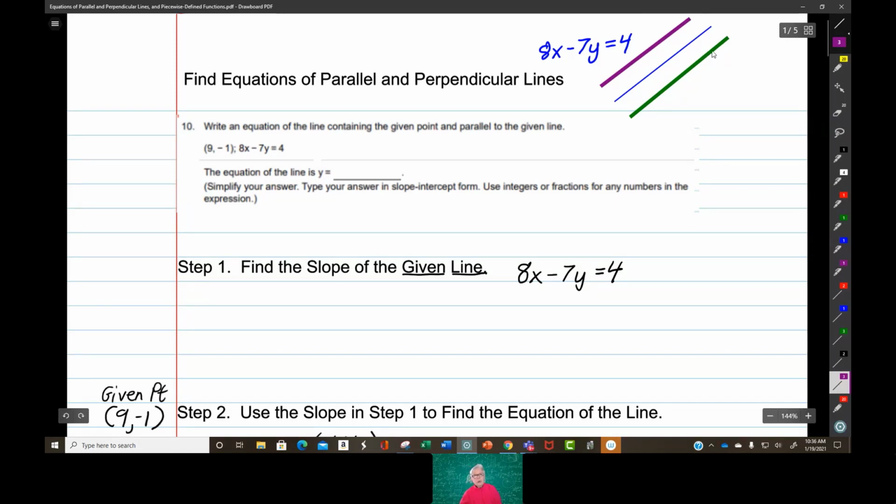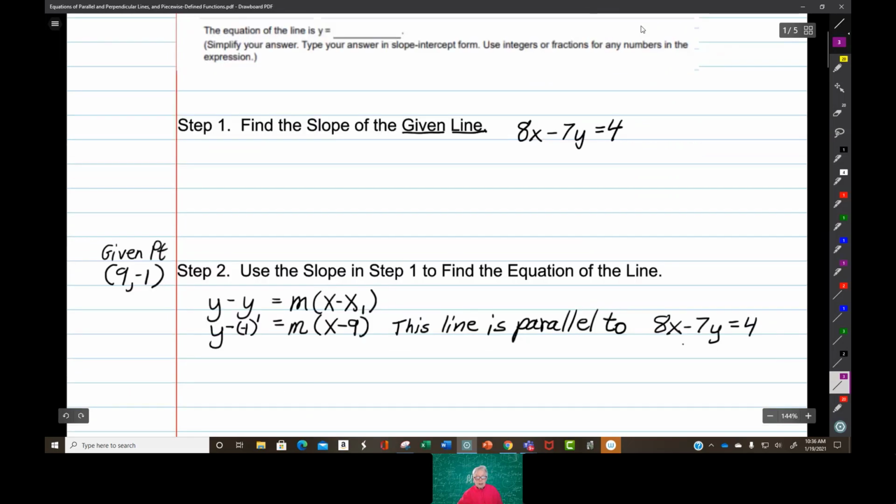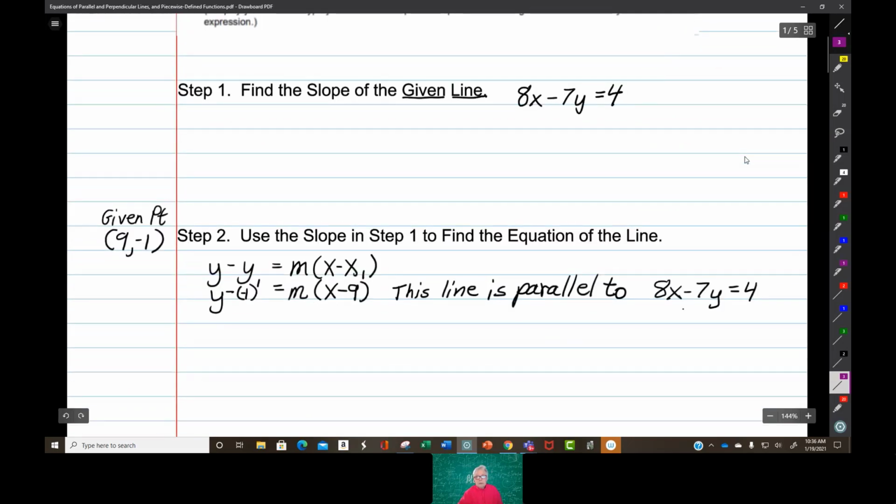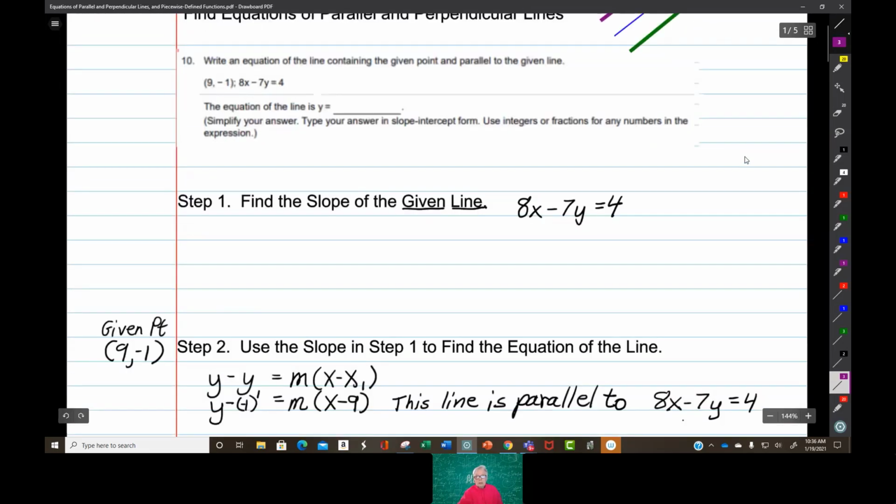These are supposed to be going side by side forever, and they never cross because they have exactly the same slope. And the reason I made this line and this line is that I don't know whether the line we come up with would be above or below.